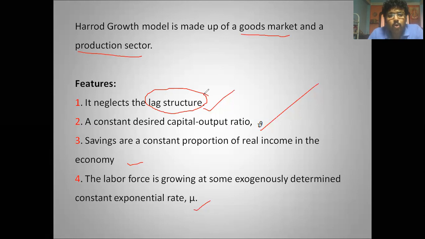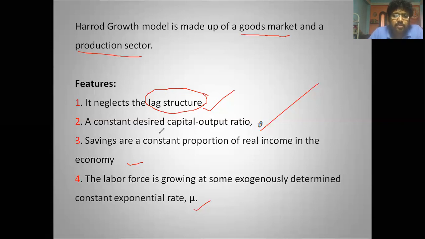Steady state equilibrium growth is a growth in which the economy grows at a steady state exponential rate. So for that reason, the Harrod model neglects the lag structure. Understand?